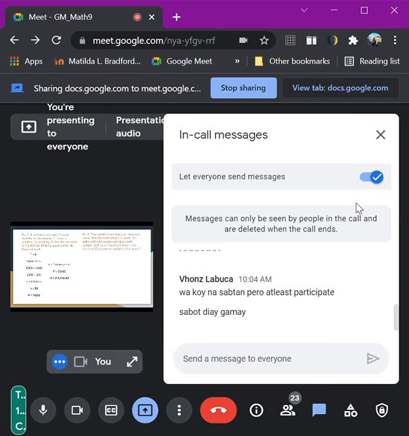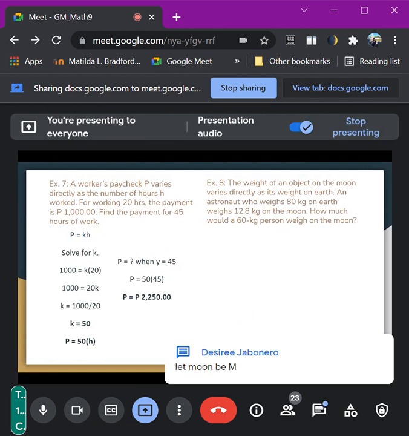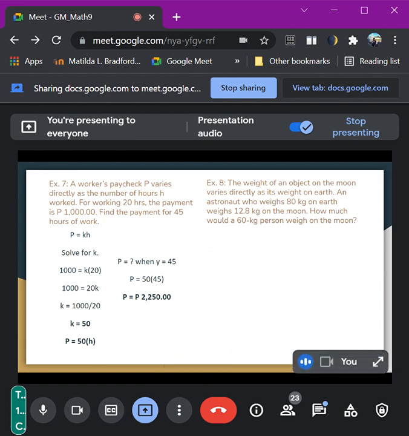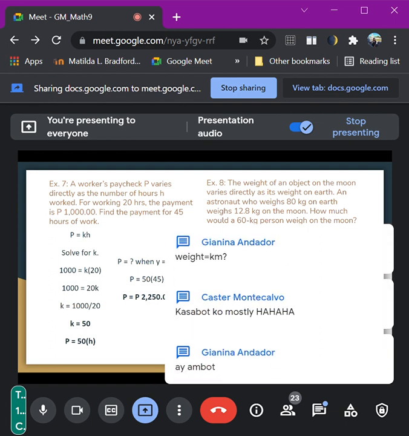Hala, wala ko'y nasabtan. Kaguol. Okay. Sige. So now we are going to change this one into an equation first.